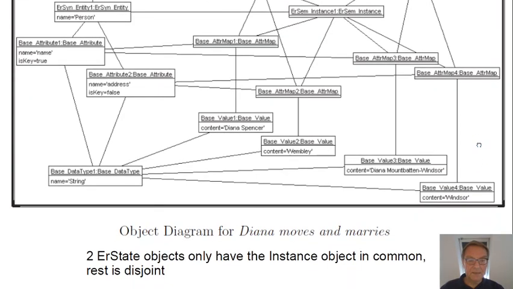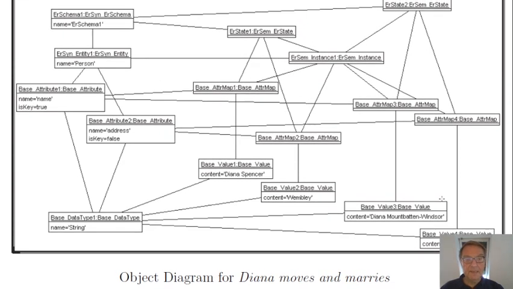And what is reflected in this situation, in this object diagram, is that Diana moves and marries. So originally we have one instance, one object, which is present in ER state 1 and present in ER state 2. The name of this instance was Diana Spencer in ER state 1, and she lived in Wembley.